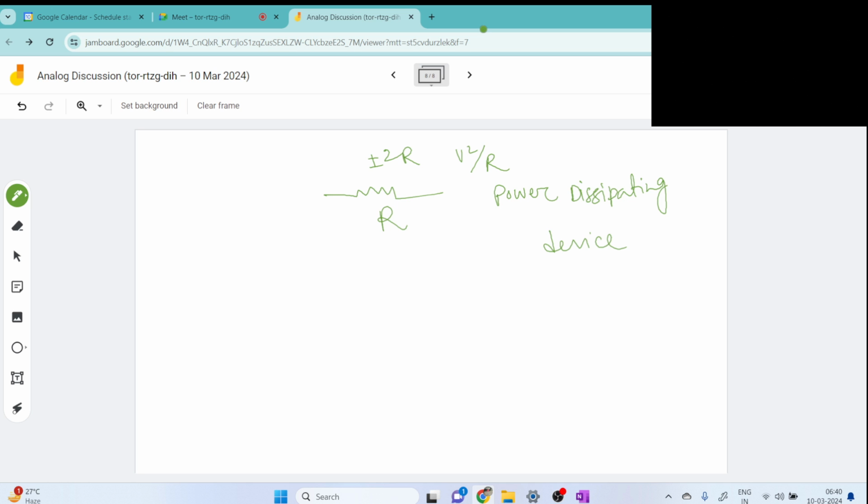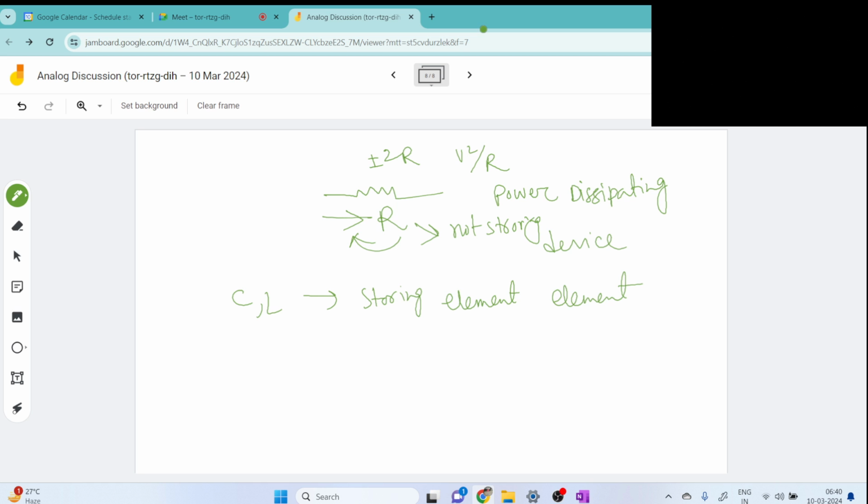And RLC, you will see, if we analyze C and L, this is called a storing element, and R is not a storing element. It cannot hold its previous voltage. The voltage or current through a resistance can change instantly.